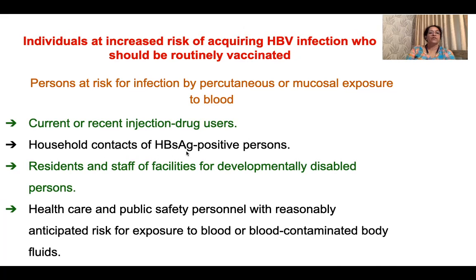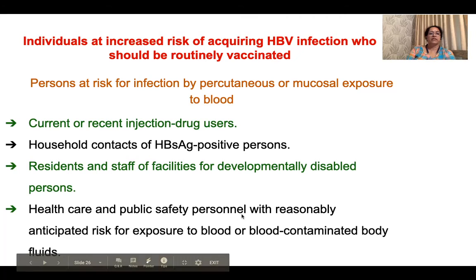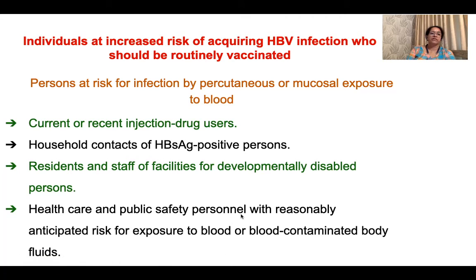Household contacts of HBs antigen positive persons, as these are possibly chronic carriers, may transmit infection to their contacts. Residents and staff of facilities for developmentally disabled persons are also included in the at-risk category. Healthcare and public safety personnel, that is doctors etc., are also in the risk category.